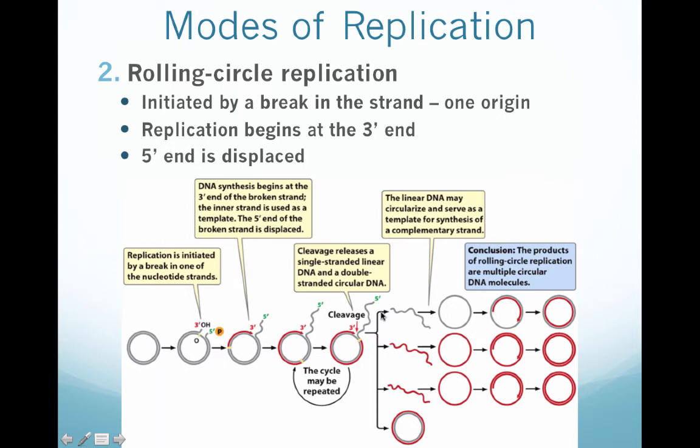So the linear DNA is going to be clipped off of the original template, and it may be used later to serve as a template of synthesis for another piece of DNA.